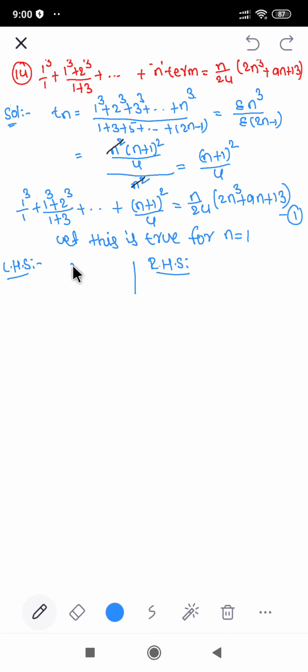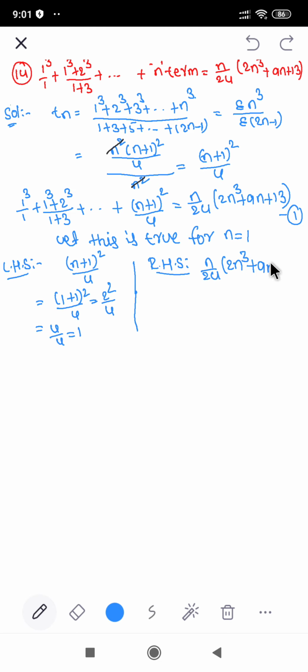LHS value is n plus 1 whole square by 4. N value 1, we are substituting: 1 plus 1 whole square by 4, that is equal to 2 square by 4, that is 4 by 4, which gives 1. Coming to RHS, n by 24 into 2n cube plus 9n plus 13.